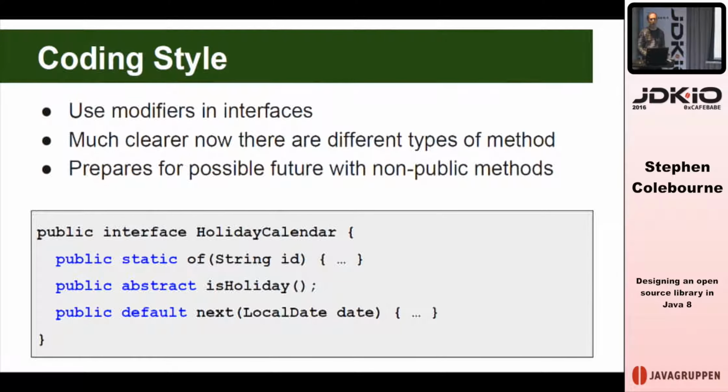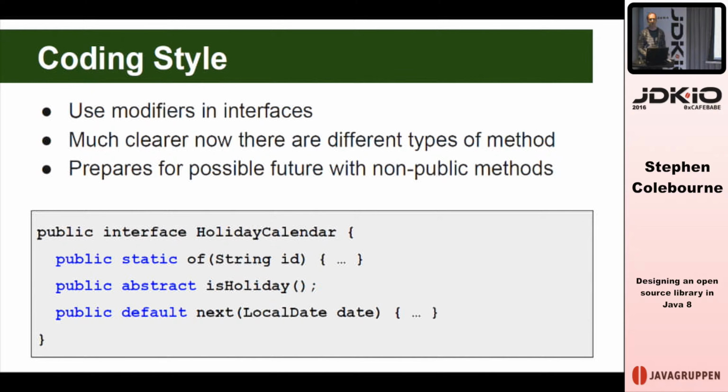Now, I happen to think that now we have more than one type of methods on an interface, we need to be a lot clearer about what those methods are. So in Strata, we use public static, public abstract, and public default on all methods in all interfaces. Now, the JDK allows you to omit public from all of those. It allows you to omit abstract as well.